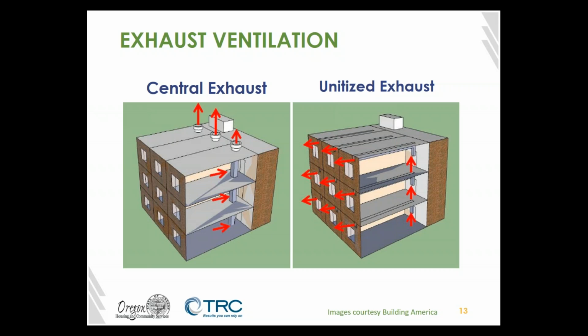Both of these are options. It really depends on the nature of the building and the layout of the units and availability of chaseways and locations that you can install an exhaust-only system. How the building is designed is the best determinant here. There's not a huge air quality or indoor air safety or energy difference between the two.